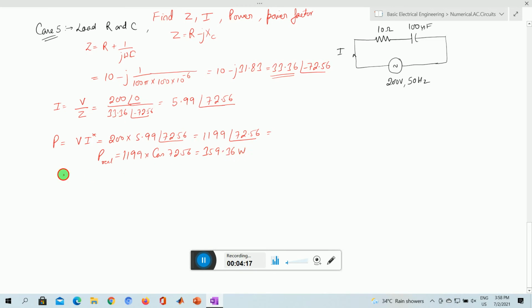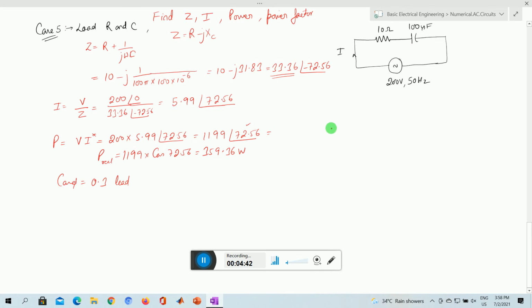Now the cos phi we can directly calculate from here, because the angle between voltage and current is also 72 degree. So this will come out to be 0.3 lead, because the current is leading the voltage.